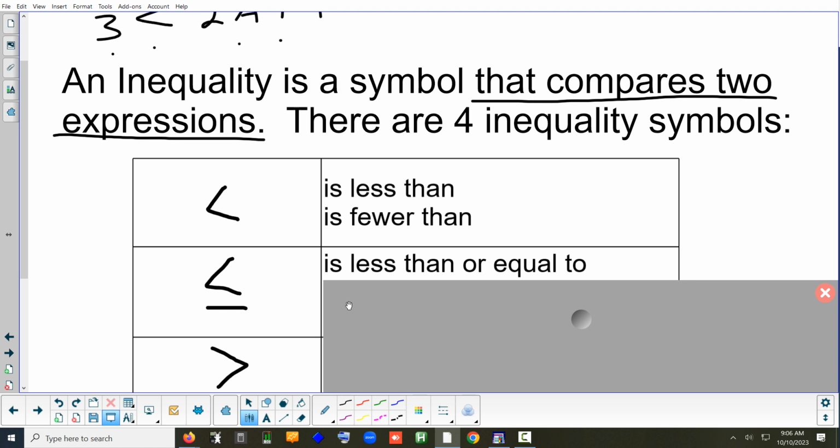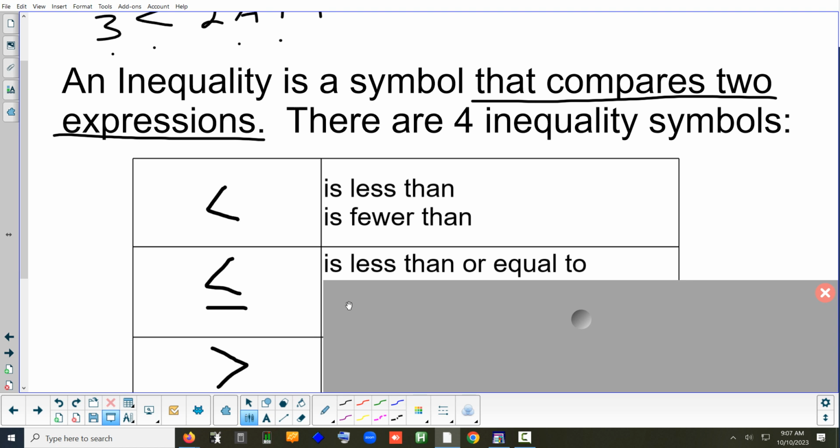Now, there's another phrase that could mean less than or equal to. It starts with the word at. If I said to you, I have less than or equal to $20 on me right now, I could also say I have at most $20.